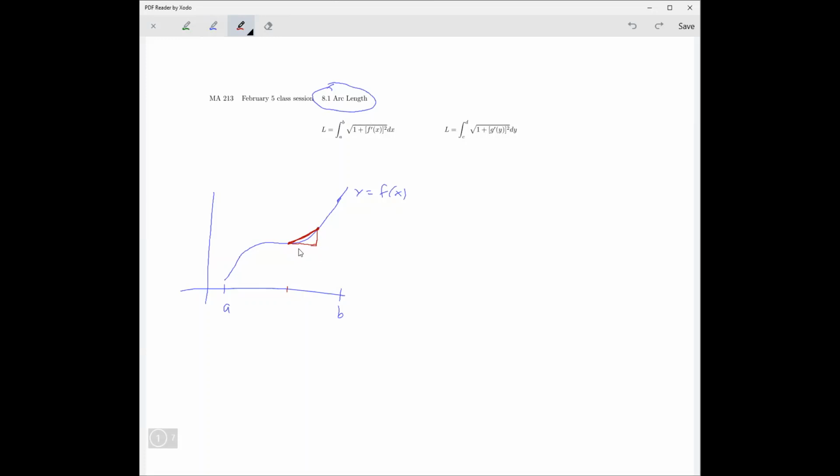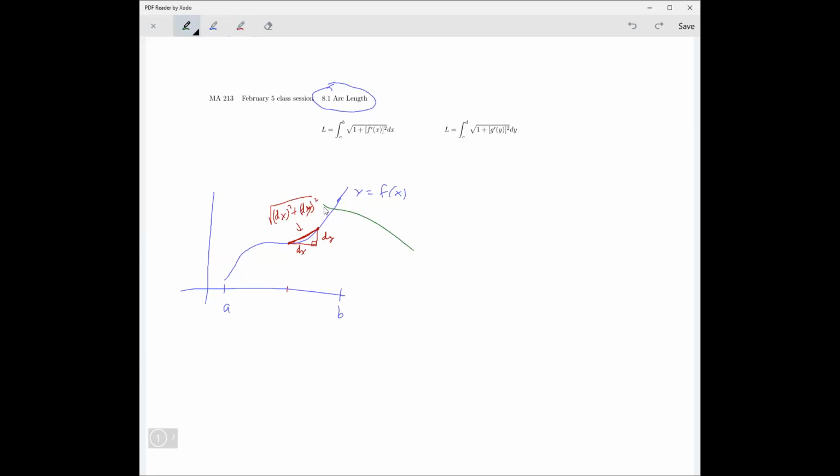This is your dx, the change in x. This is your change in y, and so this hypotenuse is what you're looking at. So this is the square root of the change in x squared plus the change in y squared.